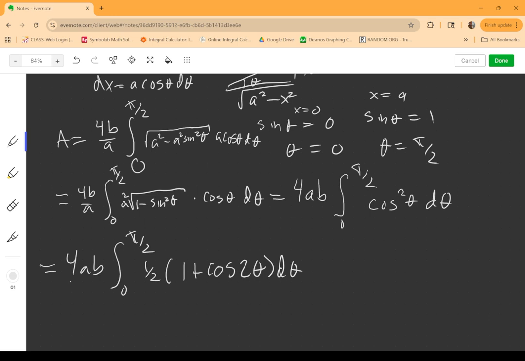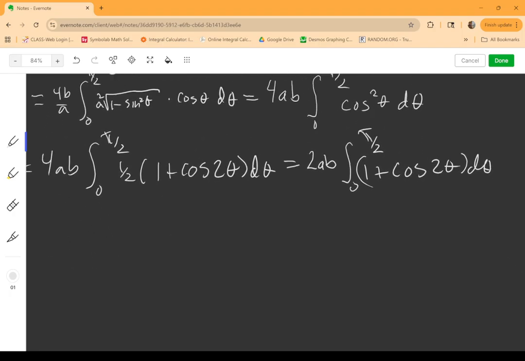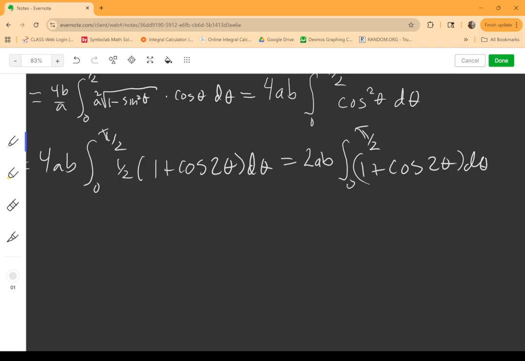All right, factoring out, I'll bring the half outside the integral. So that becomes 2ab, and I have inside the integral 0 to pi over 2 of 1 plus cosine of 2 theta d theta.